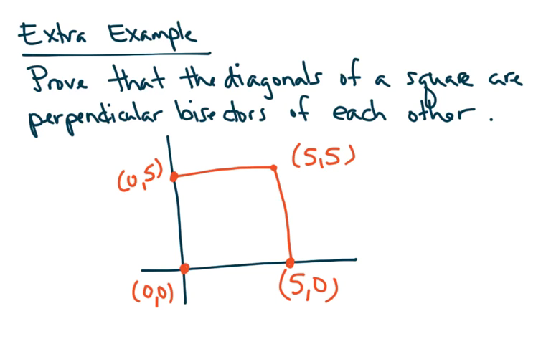All right, first, I don't care what we prove first. You want to prove that the midpoints are the same? Sure. Let's call this A, B, C, D just to help us out.